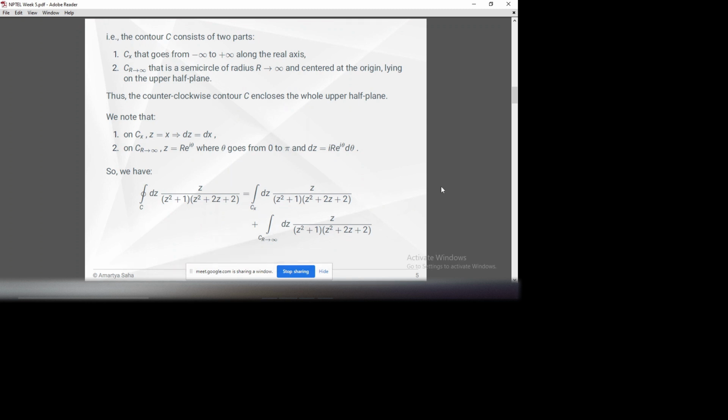Cx by itself was not closed, and C_R, a semicircle, is of course not closed, but when those two are combined together, we get a closed contour C. That is why on the right hand side I have not put the closed contour integral sign, but only the contour integration along these two open contours.